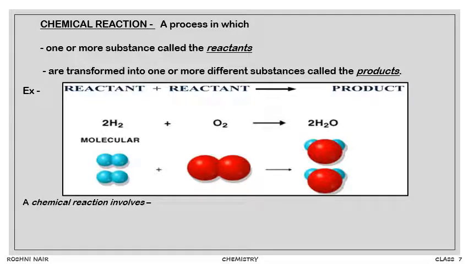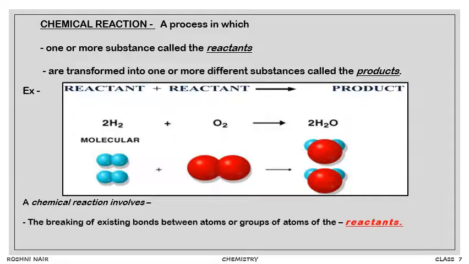Now let us understand chemical reaction. What does it involve? A chemical reaction involves the breaking of existing bonds between atoms or groups of atoms of the reactants. Atoms can be from the same reactant or it can be between the groups of atoms of different reactants.